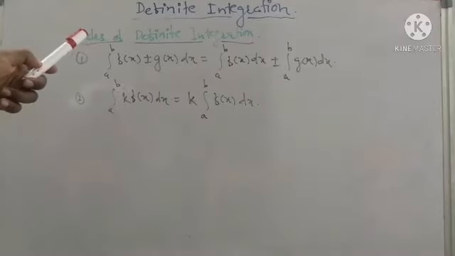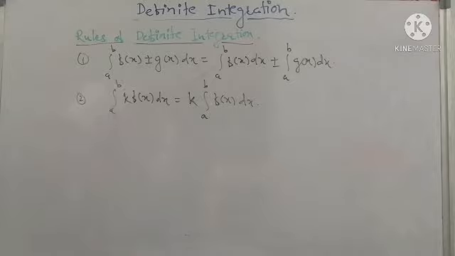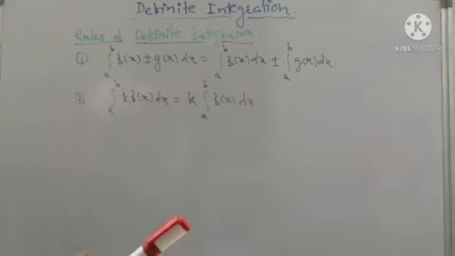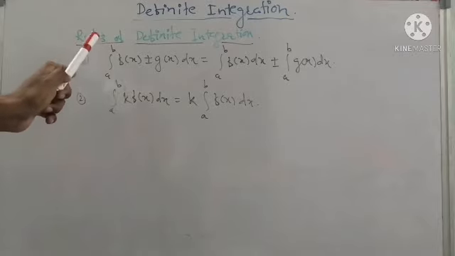rule now becomes: taking limits from a to b, for addition or subtraction of two terms of x, we take separate integrations with their limits, and the limits do not change, as we have given limits from a to b.